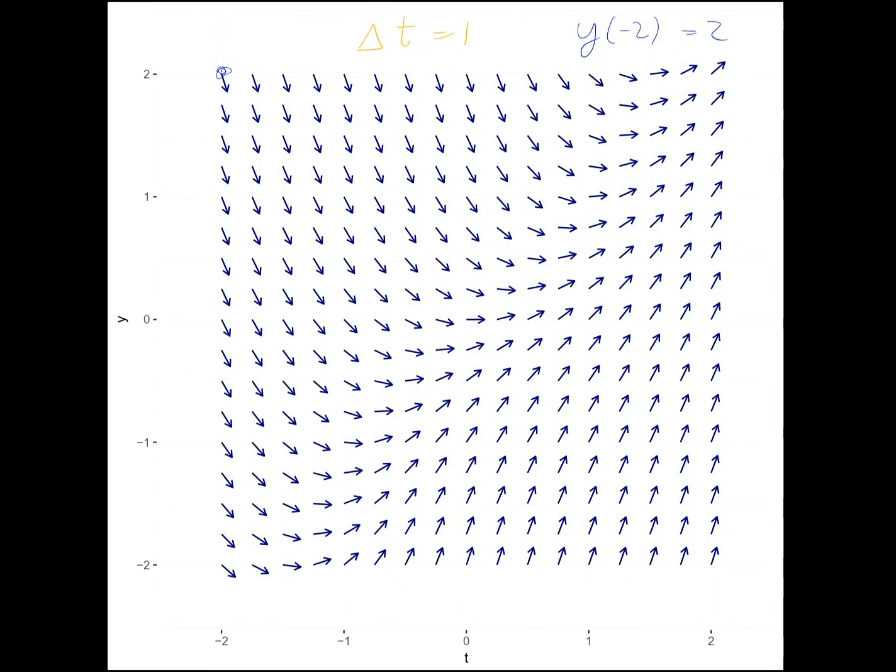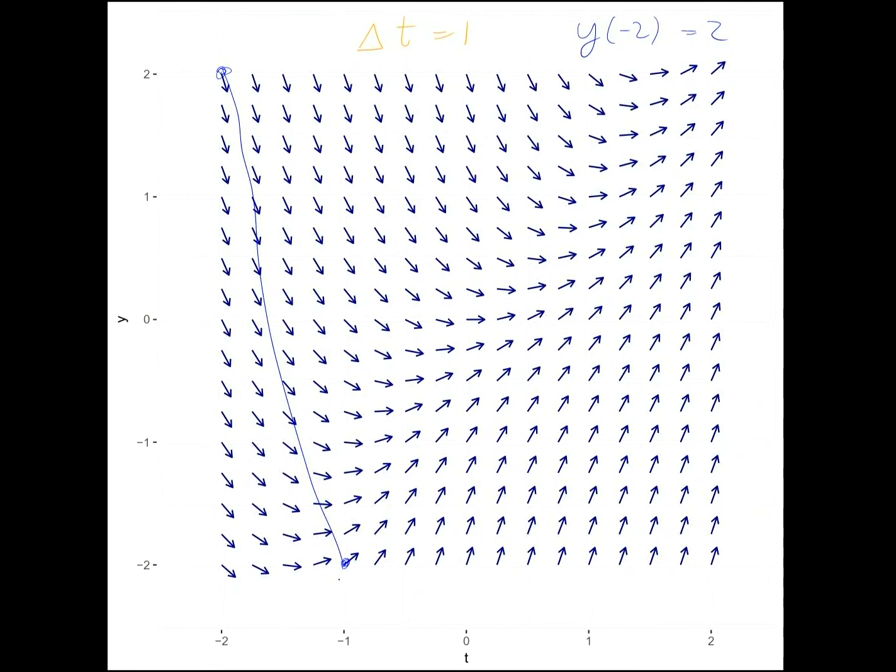Now, geometrically, it means that in order to construct the next point, I need to start at the initial point and then follow just this vector until I change t by delta t. So in this case, delta t is 1. All right, so then that's my next point.